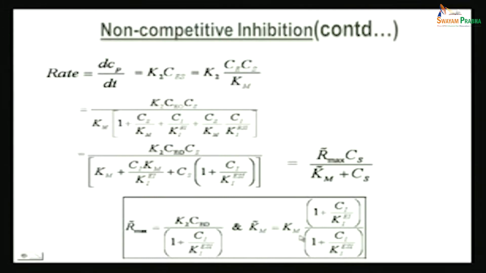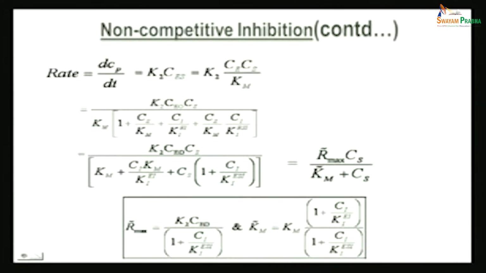Now, can you tell me, by looking at R max tilde and Km tilde, if these are going to be larger or smaller than your Km and R max? Smaller always, right? We cannot conclude that; that's the right answer, yes.